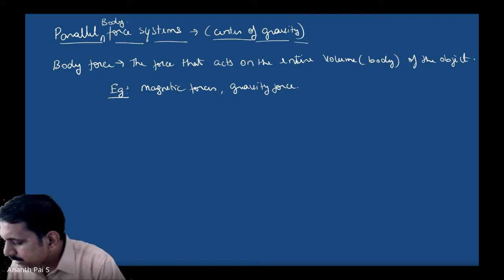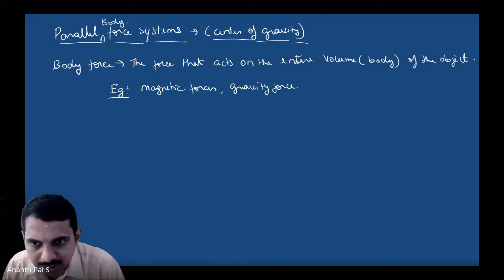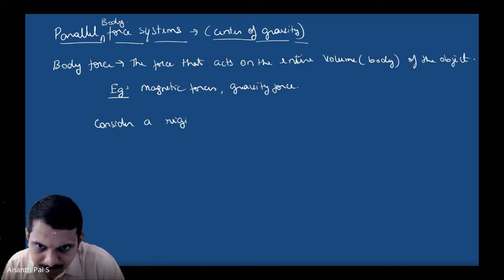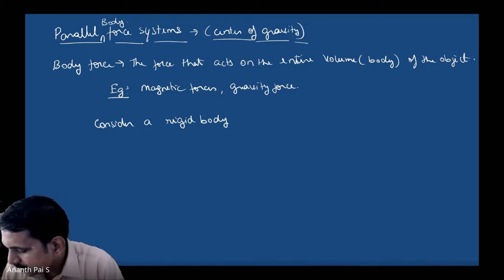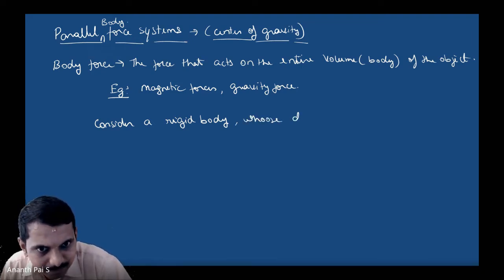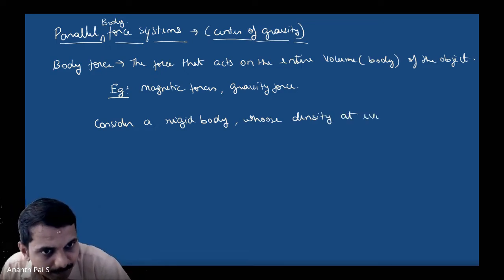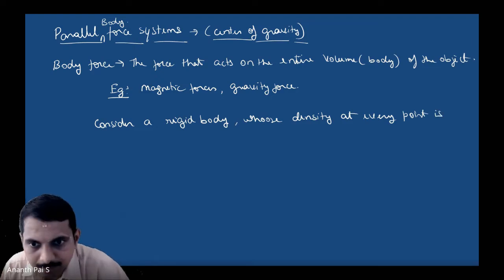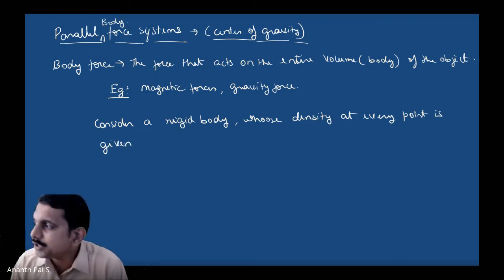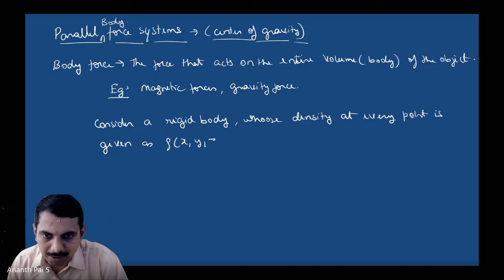So now, consider a rigid body whose density at every point is given as rho, some function of x, y, z.